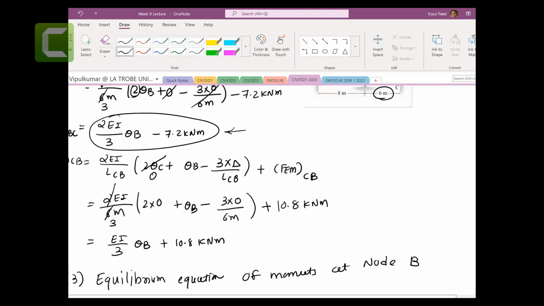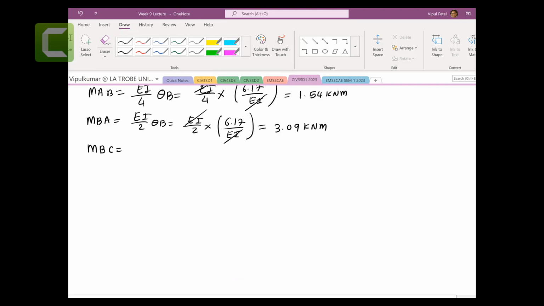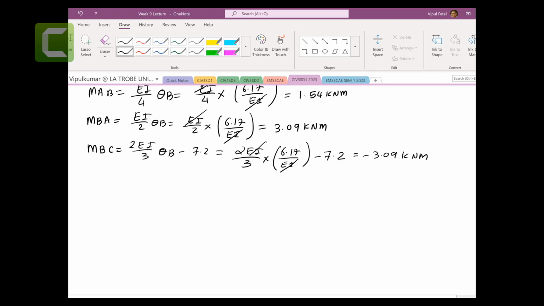Here, 2 EI on 3 theta B minus 7.2. So 2 EI on 3 times 6.17 over EI minus 7.2. This cancels. So you get minus 3.09 kilonewton meters.